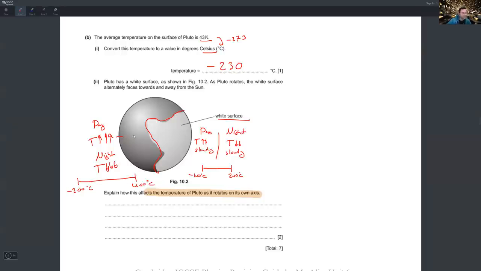Explain how this affects the temperature of Pluto as it rotates. So we'll say the white color is a bad absorber and emitter of infrared radiation. Okay? So it absorbs less heat during the day or when facing the sun, and it emits less heat during the night or away from the sun.